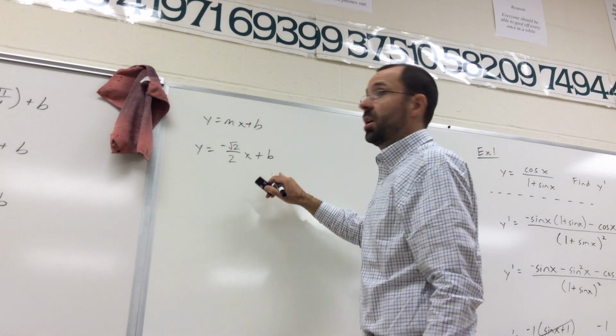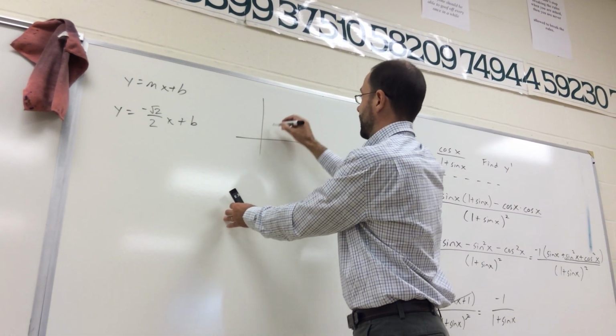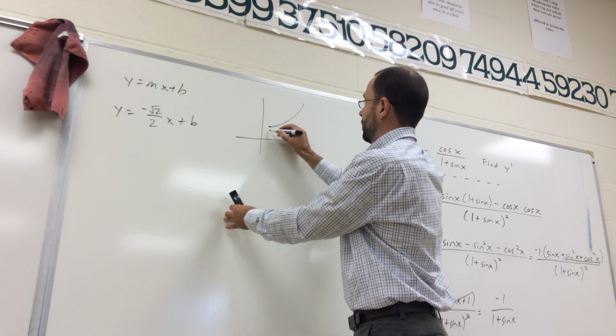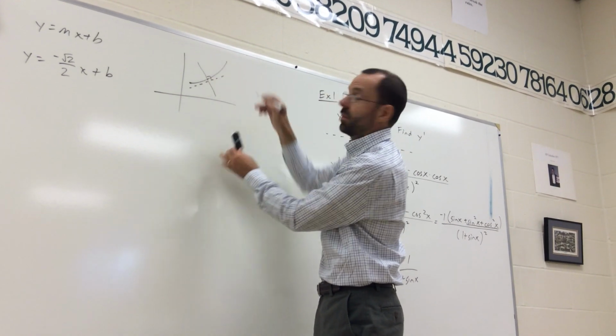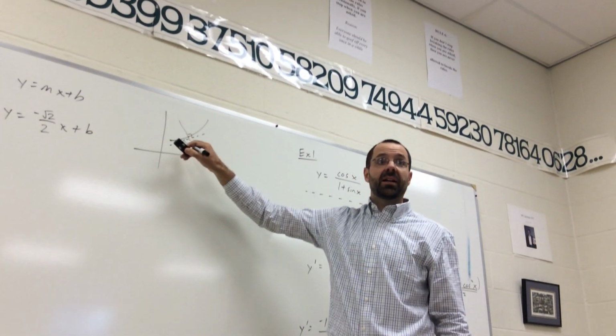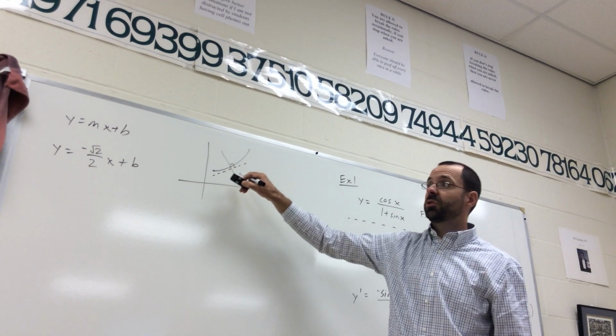Okay, then for the normal line, remember, we have our graph of secant, we have our tangent line, right? The normal line goes through the same exact point as the tangent line. They both go through pi over 4 comma 2 over root 2.